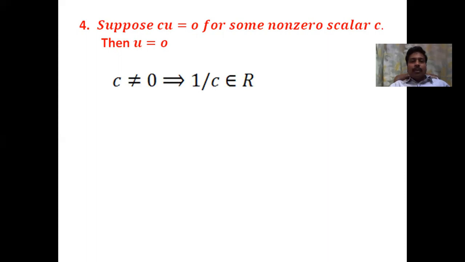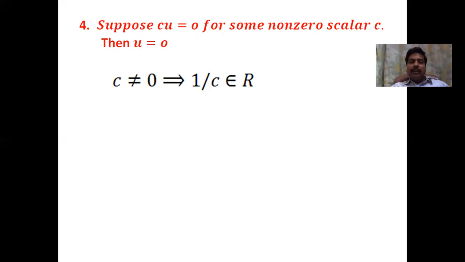Suppose Cu is equal to O for some non-zero scalar C, then u is equal to O, the zero vector. If u is multiplied by some scalar and you get a zero vector, whenever C is a non-zero scalar, then u must be a zero vector.